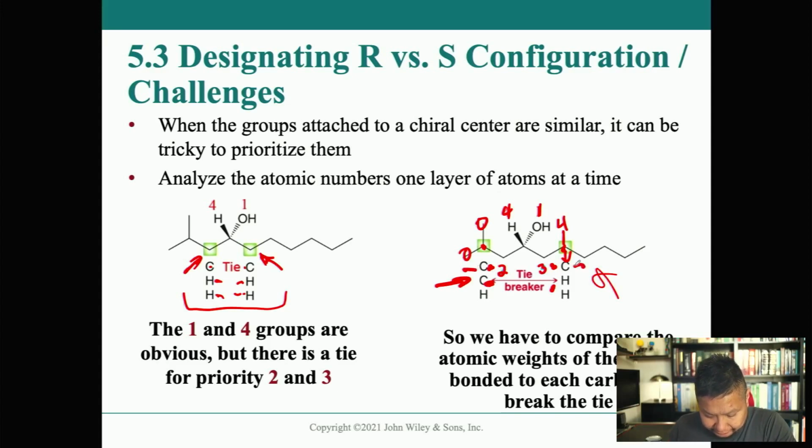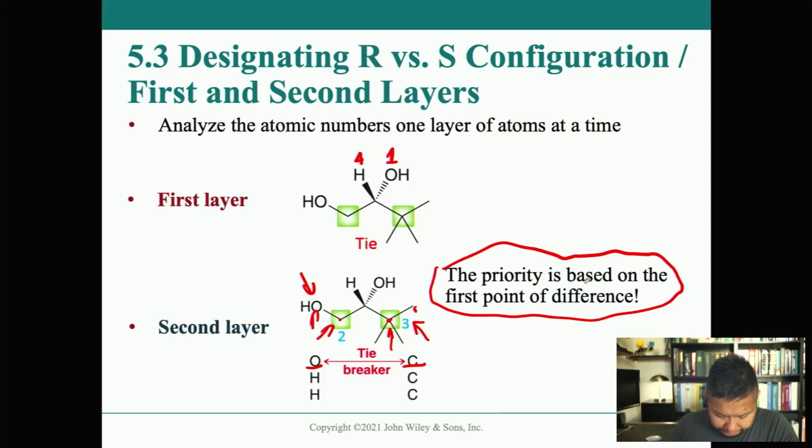Then we had to go to the second layer for the second attached atom to do the tiebreaker, carbon versus hydrogen. But over here, it was just the first attached atom, because oxygen clearly outweighs carbon when it comes to atomic mass.